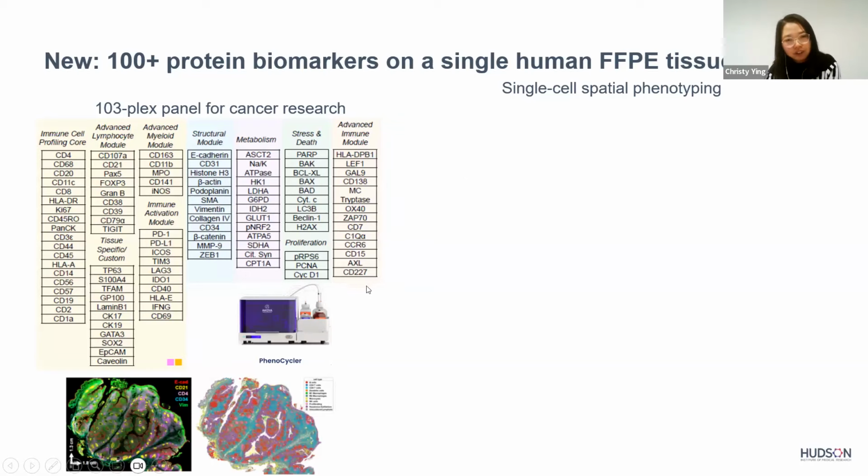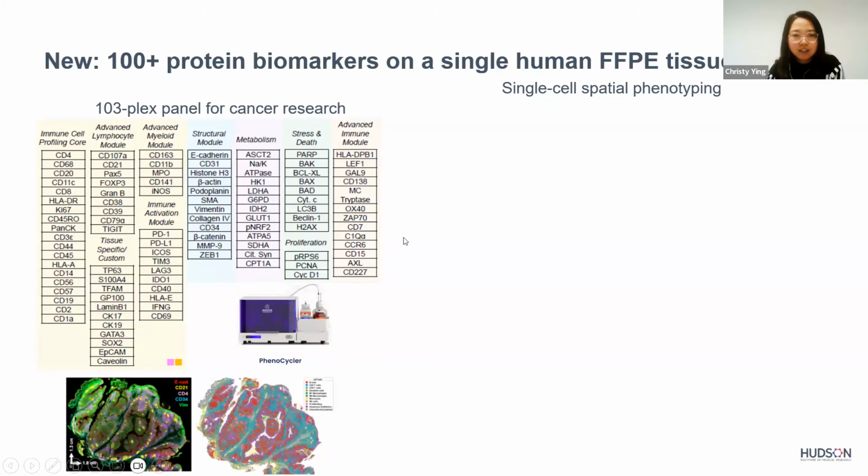I give you just a very quick example. What is shown here is a 103 plex panel for one slide. And we could see it includes the classical immune cell markers and different lymphocyte, myeloid modules, and the activation, or even metabolic markers.